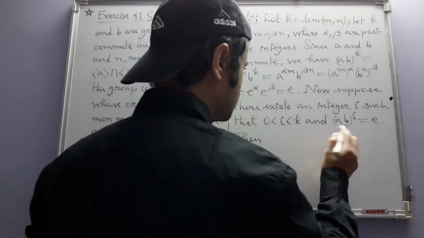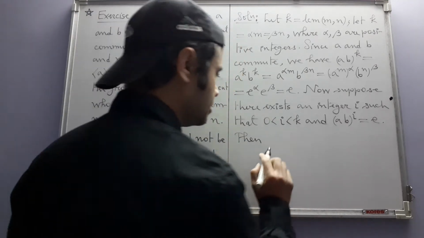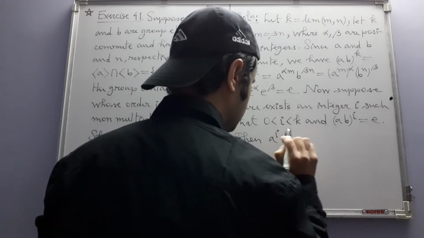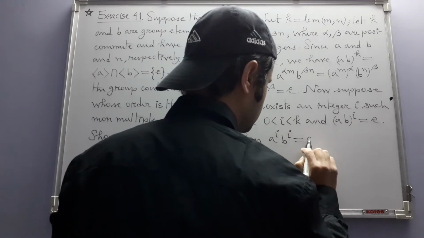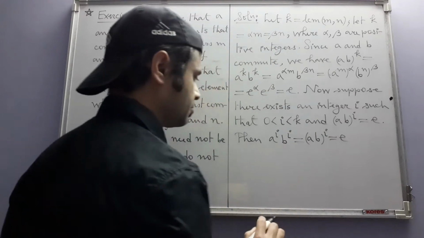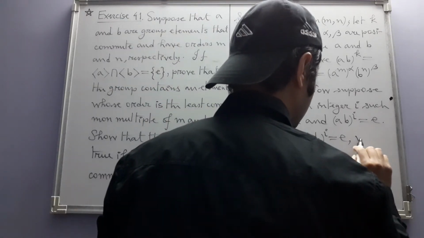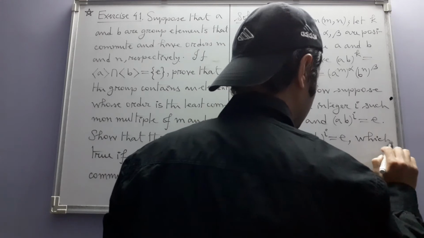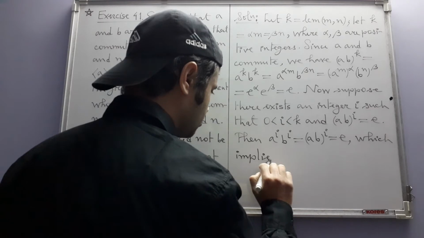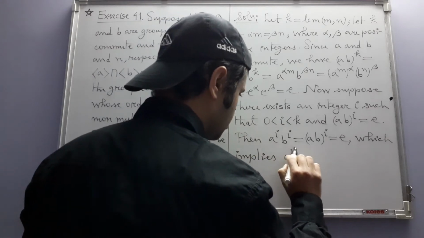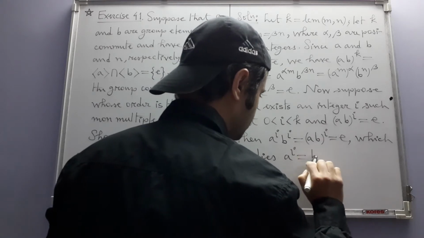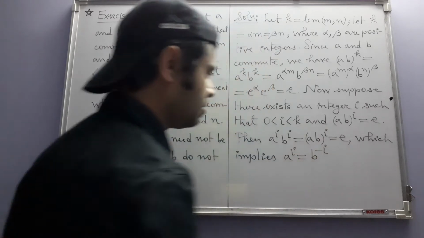Then, since A and B still commute with each other, we have this, which implies A to the power I is equal to B to the power minus I.